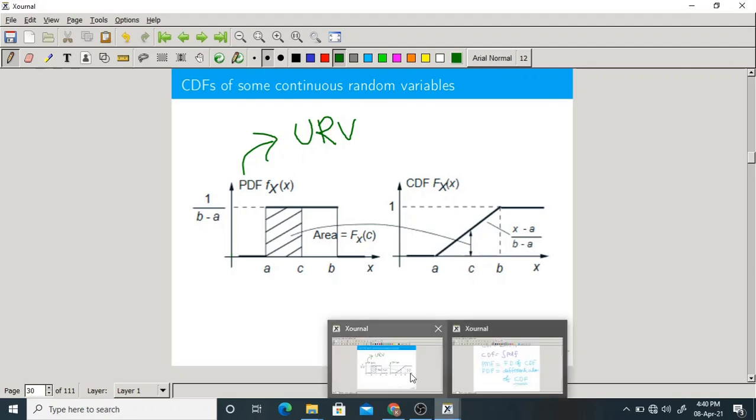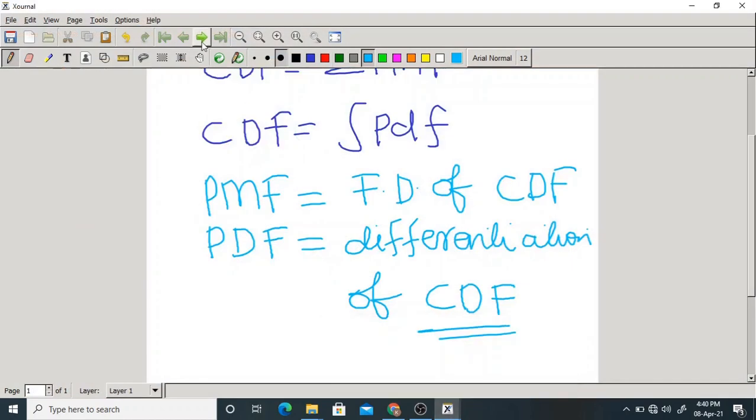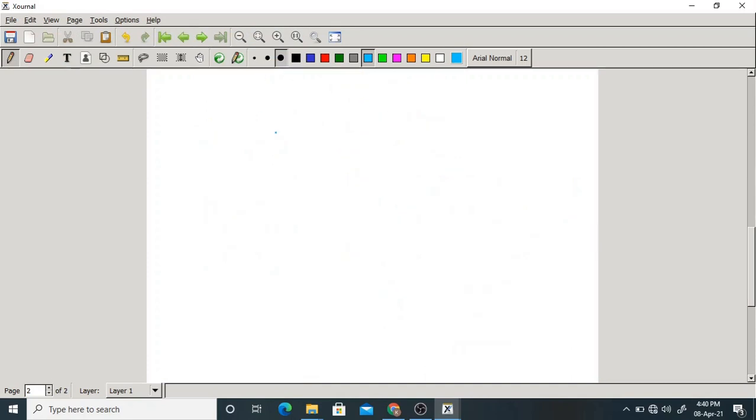Now, let us solve this problem. How to find CDF if you know PDF? What do we do? We do integration, isn't it? Okay, right. First of all, here we are finding the CDF of a uniform random variable.